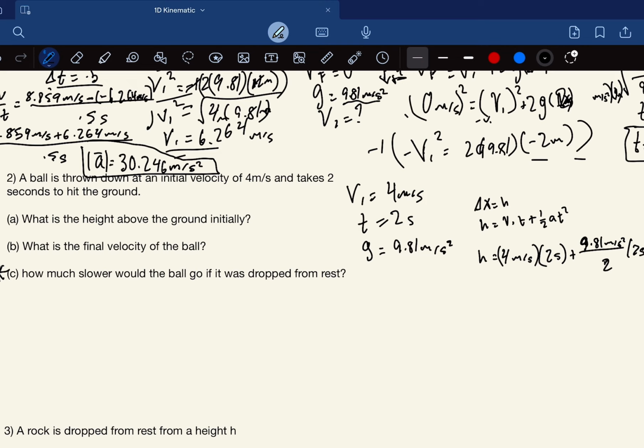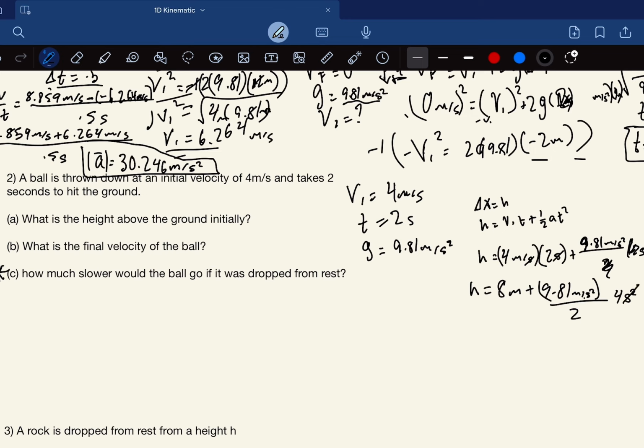So we get h equals 4 times 2, 8 meters, since seconds and seconds cancel, plus 9.81 divided by 2 times 2 squared, so it's 9.81 meters per second squared, divided by 2, times 4 seconds squared.